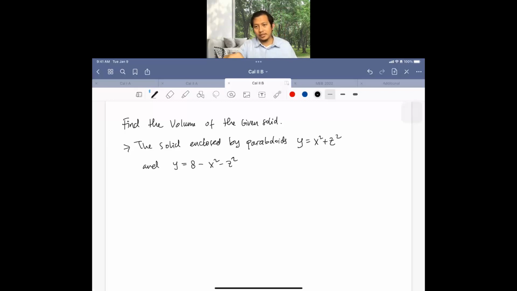Okay, now first, if you could imagine what is the shape of these two paraboloids, if we could draw at least just to show how the shape is going to look like. So first is the one that is just an ordinary paraboloid, which is this one, right? Oh, I need to draw a little bit longer.